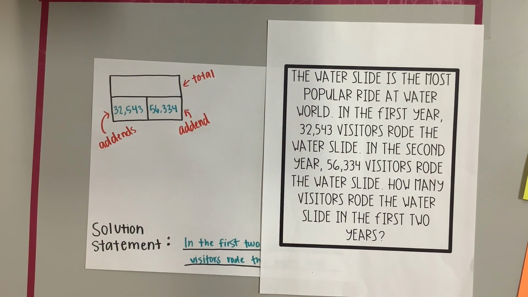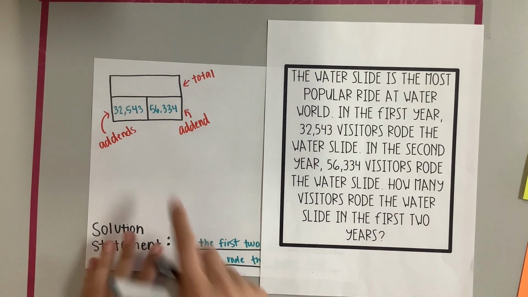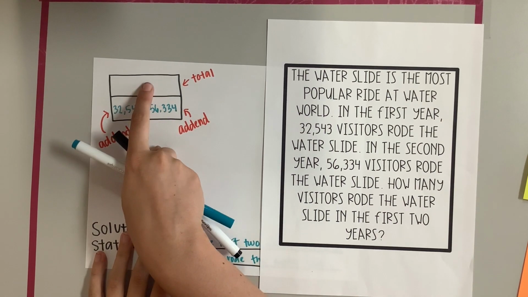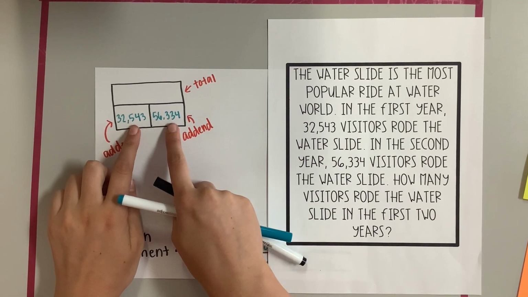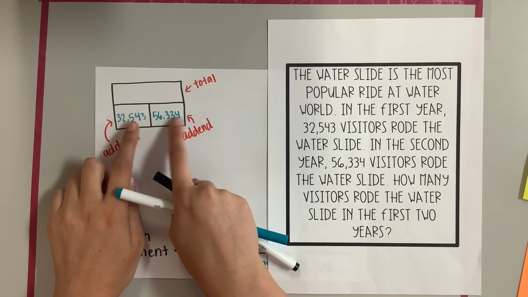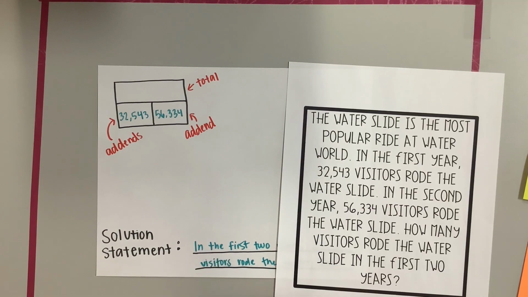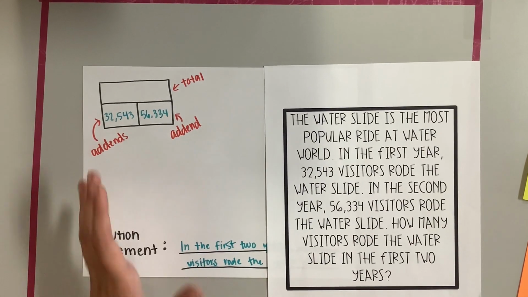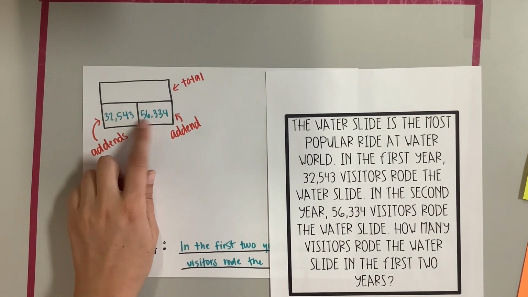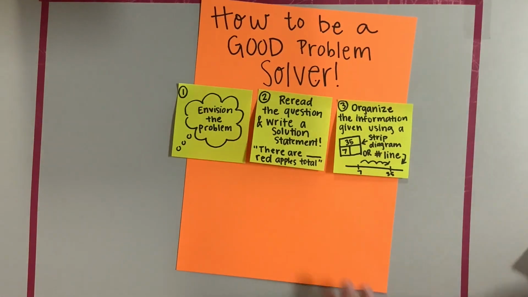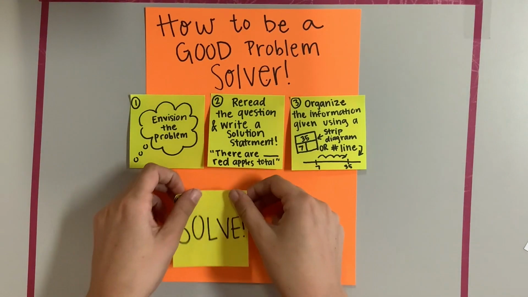So it's trying to ask me how many visitors rode the water slide in the first 2 years. It wants to know the total of these visitors plus these visitors is going to equal a total. So since the problem gives me these two add-ins, I know I'm going to add them together to get my total. Now that I've organized the work given, I know how I need to solve this problem by adding these two numbers.